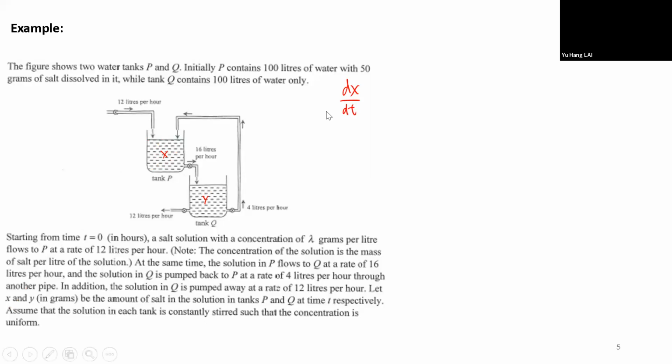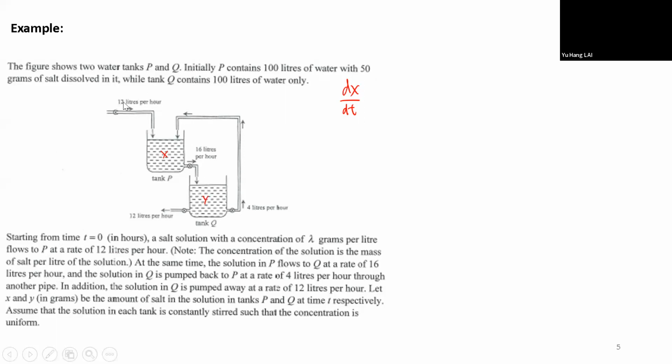One thing I want to mention is that although the water keeps flowing in and out, the total amount of water in each tank is unchanged. The concentration of salt in these two tanks can change over time, but we set up the system such that the amount of water in each is not changing.